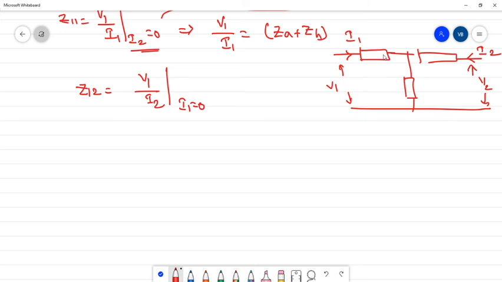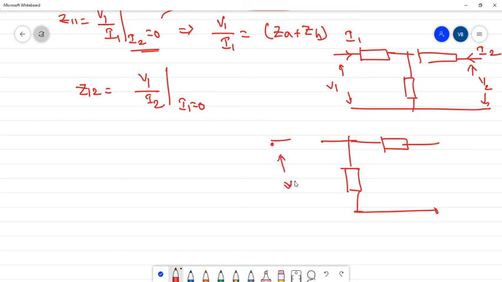If there is no resistance, what will become? That circuit will become like this.